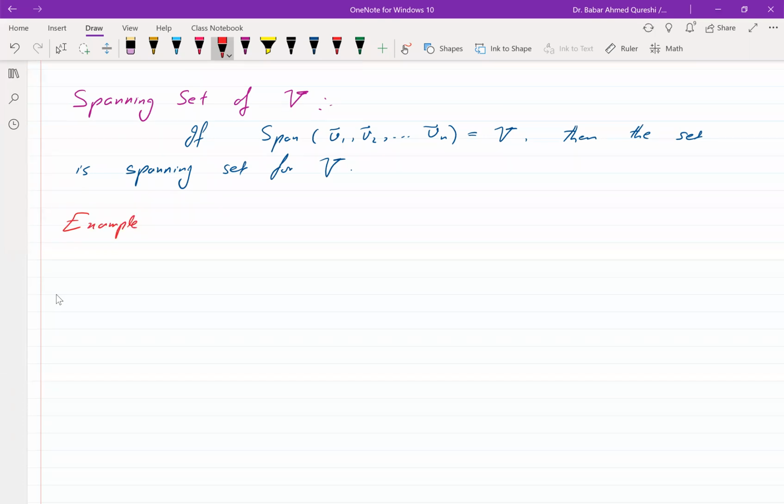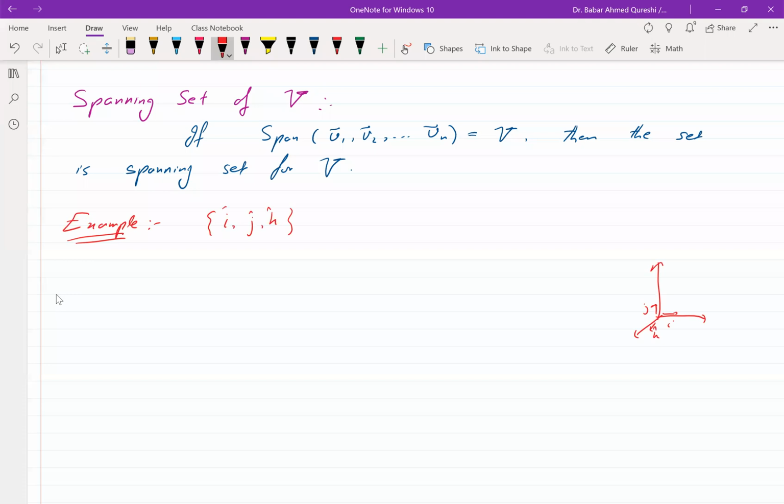If you consider the three-dimensional space, the geometric vectors, then i, j, k, what you call the unit vectors, i here, j here, k here.